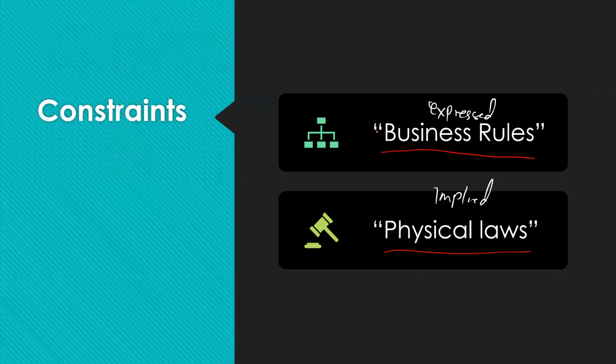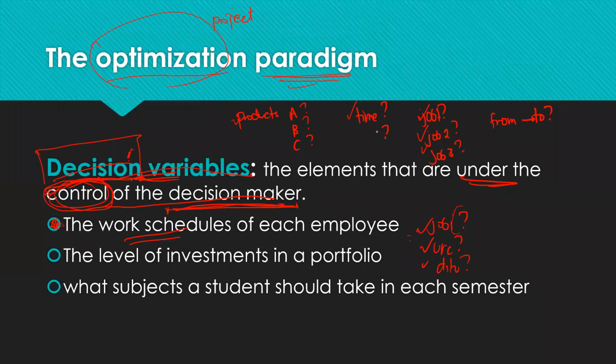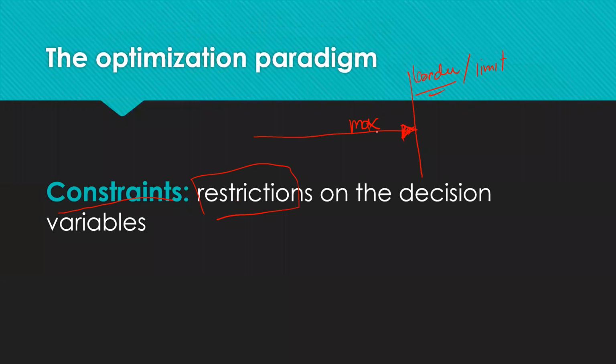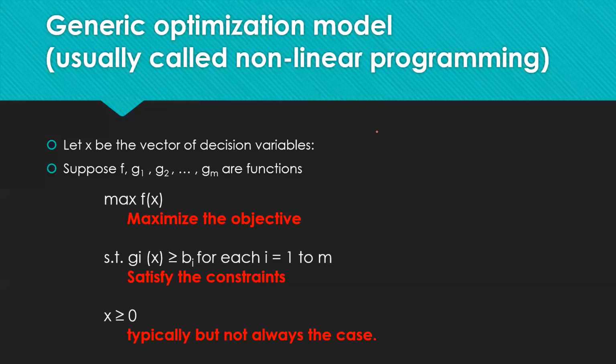Okay, balikan natin. Sa optimization paradigm, we have decision variables, we have objective, and then we have constraints. Okay, so ito yung kalimitan na generic form ng optimization model. So I have this objective, I have these constraints, ayan. So ST meaning subject to. So parang ganito yung magiging equation natin.